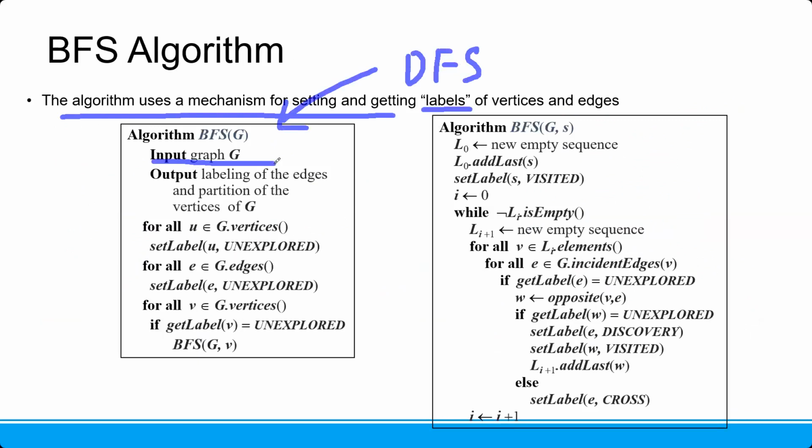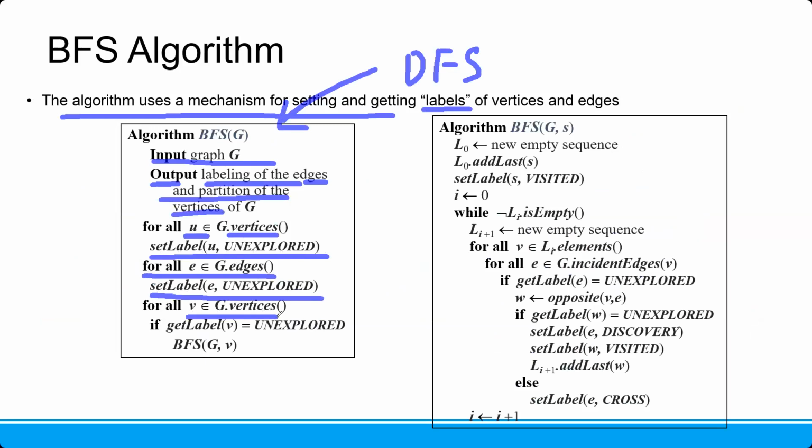So the input is a graph and the output will be the labels, what the edges are and what the vertices are. At the first time, for every vertex U, it will be labeled unexplored. For every edge E, it will be labeled unexplored.